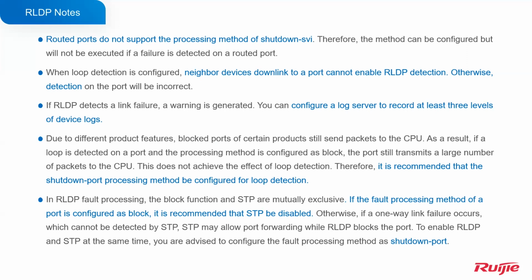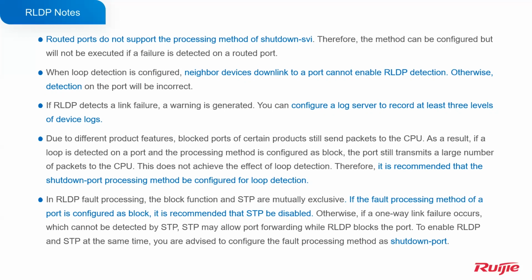In RLDP port processing, the block function and STP are mutually exclusive. If the processing method of a port is configured as block, it's recommended that STP be disabled. Otherwise, if a one-way link failure occurs, which cannot be detected by STP, STP may allow the port to forward while RLDP blocks.